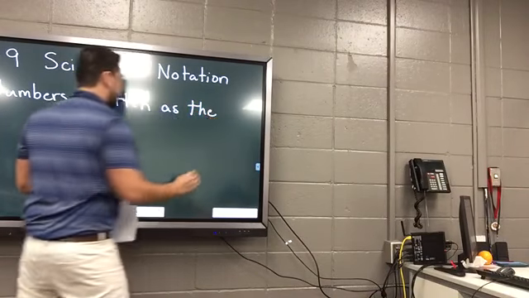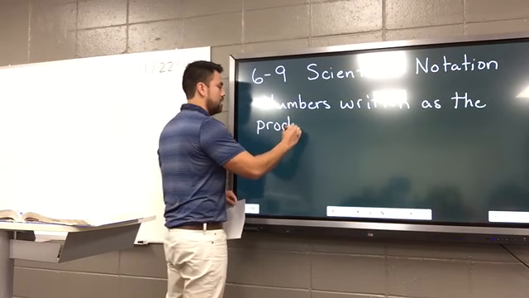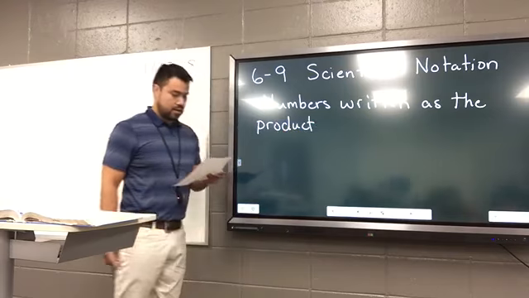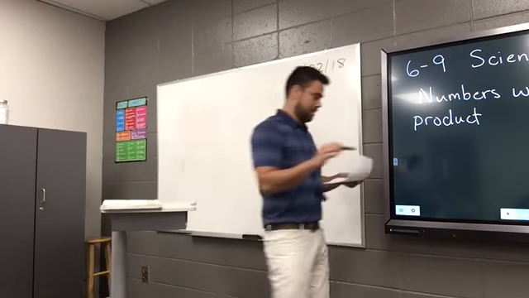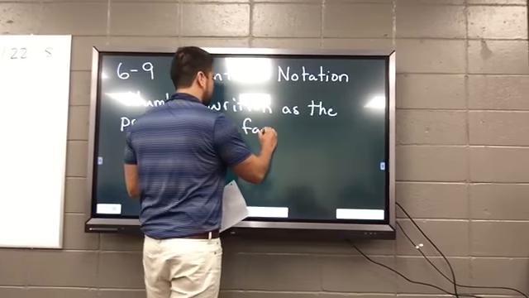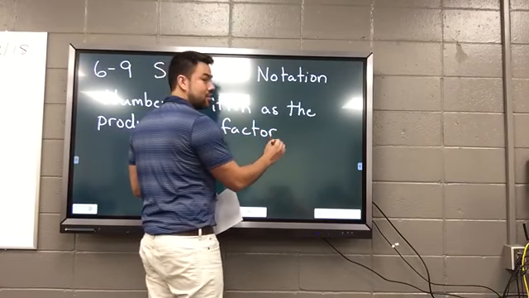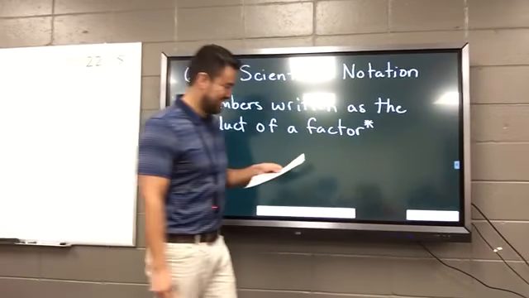as the product, and we've seen product many times in our chapter, of a factor and a power of 10. The product of a factor, and I'm going to put an asterisk with factor. You've probably seen this on some things, right? That little asterisk.